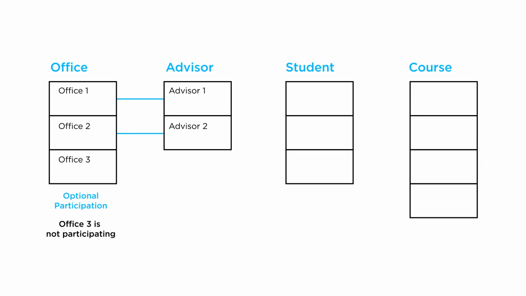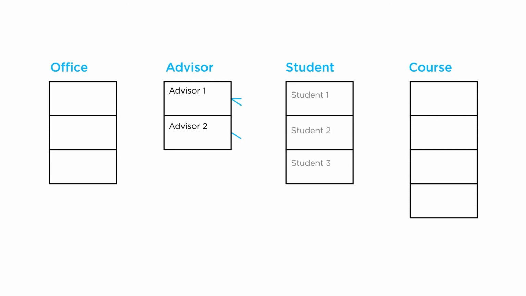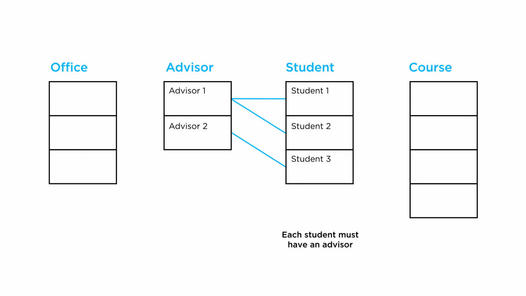Let's go now to the other side of this relationship, and we might say that each advisor should have an office. This is an example of a mandatory participation in the relationship. Another example of mandatory participation is that we might have a student who should have an advisor associated with the student.